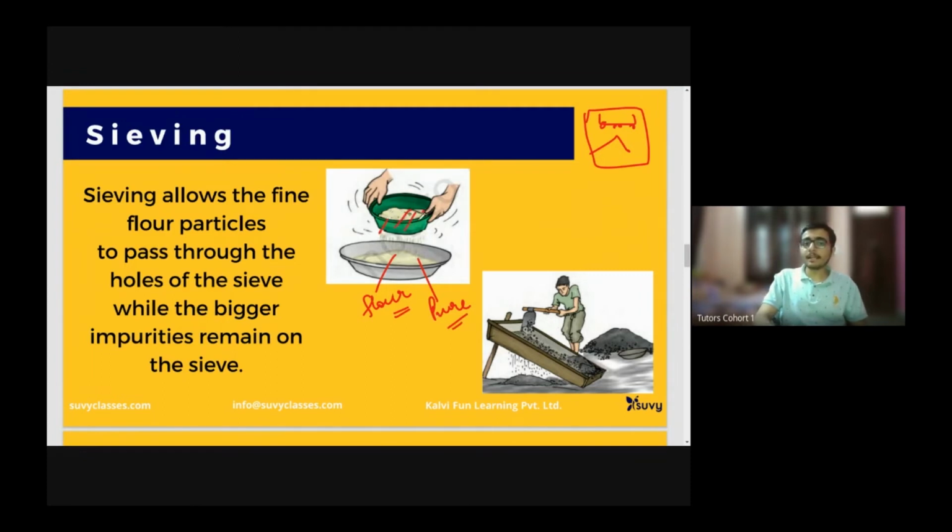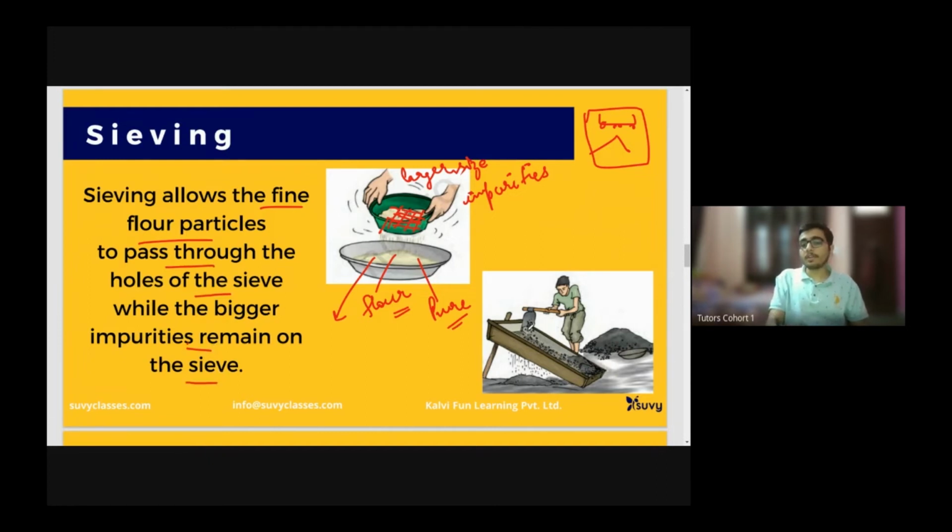It has a net-like mesh in it which separates out larger size impurities, and we get pure flour here, right? So sieving allows the fine flour particles to pass through the holes of the sieve while the bigger impurities remain on the sieve.